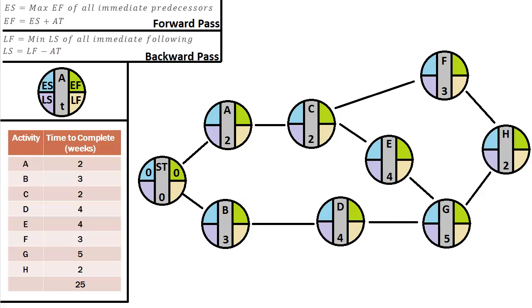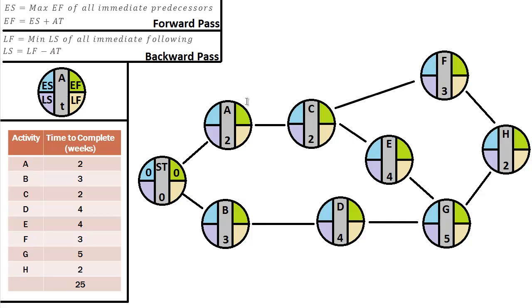Now let's go up to activity A, and we want to find our earliest start. So remember, activity A has no immediate predecessors. So when is our earliest start? Well, that's now. And what is that in terms of time? Time 0.